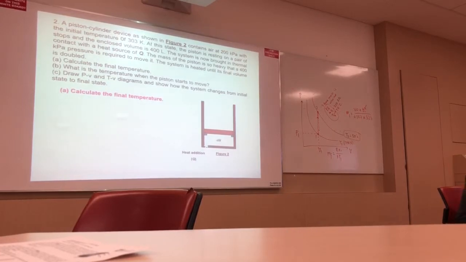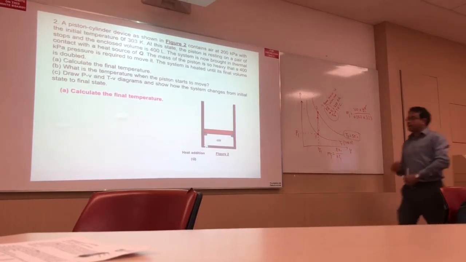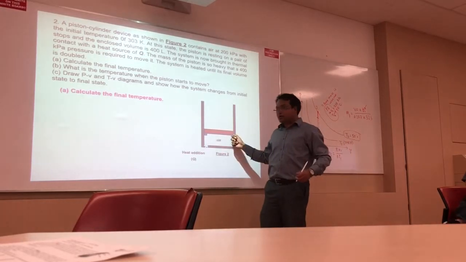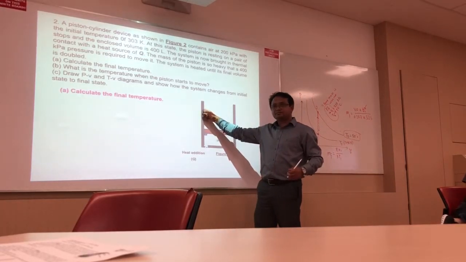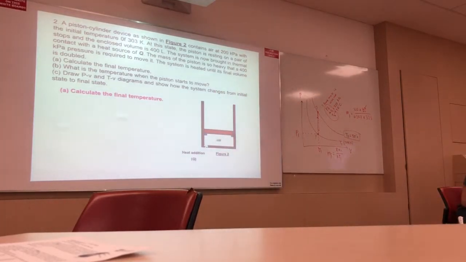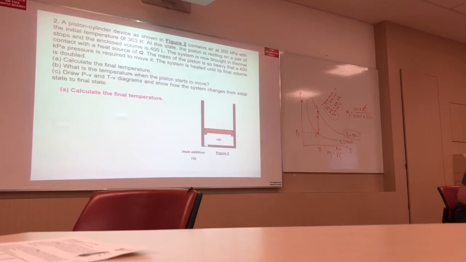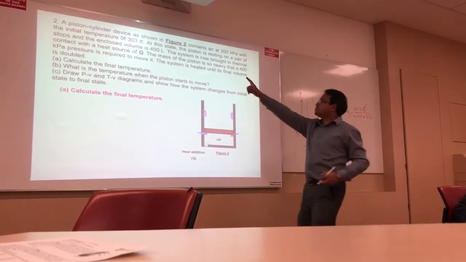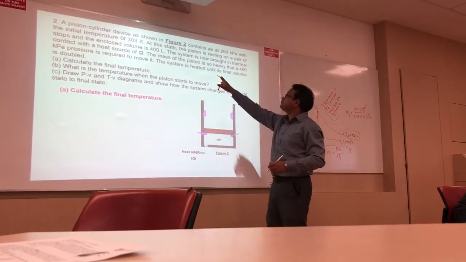Okay, take a look. Now I put the stopper here, right? You remember? I do some twisting. I plan to put the stopper. Alright, but here there is no stopper. So in that question they tell you a piston cylinder device as shown in this figure.